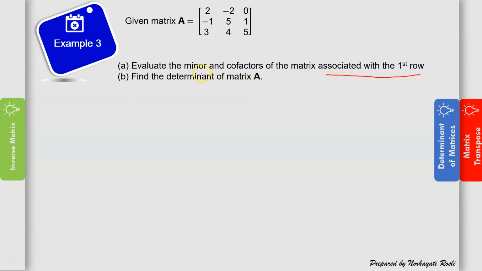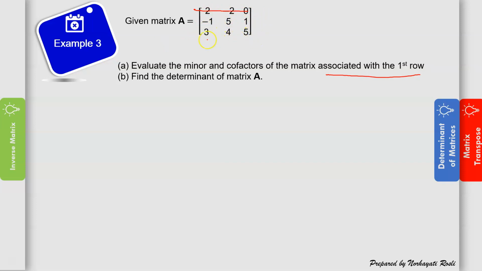We need to evaluate the minor first. How to compute the minor? Based on our previous knowledge, the minor is the determinant of the matrix obtained by eliminating the i row and j column. Since we have it associated with the first row, you need to eliminate the first row, and then eliminate the j column one by one.